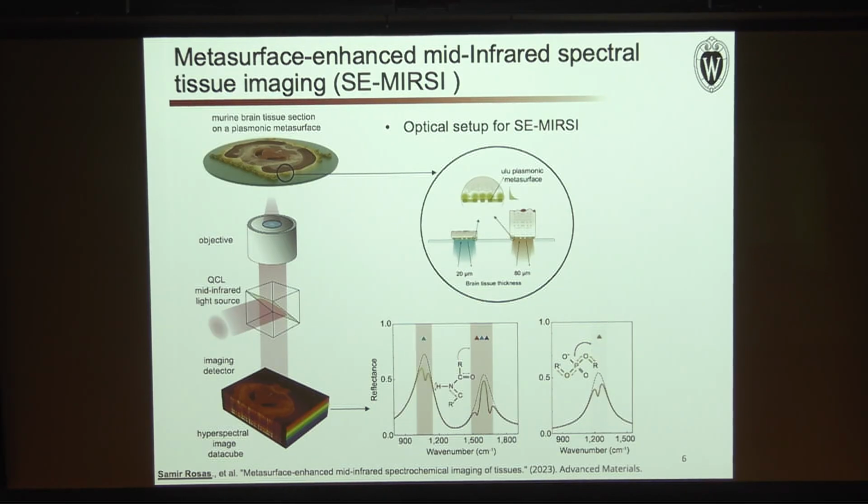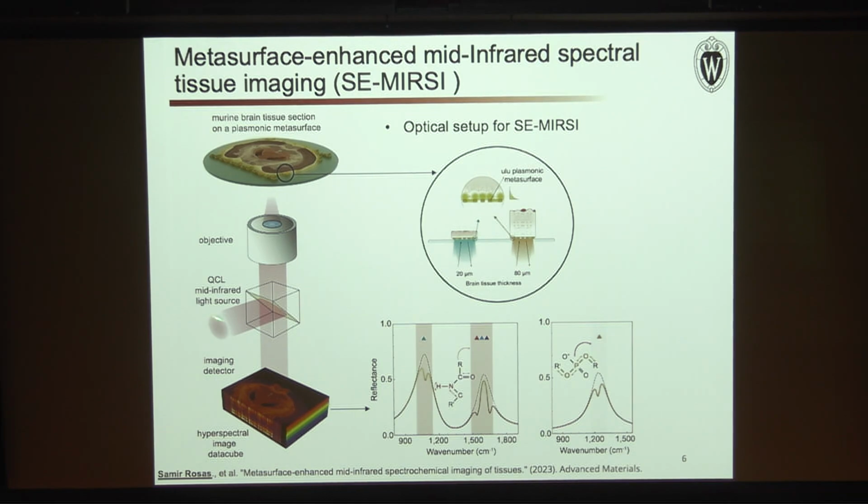What we propose is to use plasmonic metasurfaces. We call this method metasurface enhanced mid-infrared spectral tissue imaging, CCBIR. What I'm showing here is a simplified version of our optical setup.